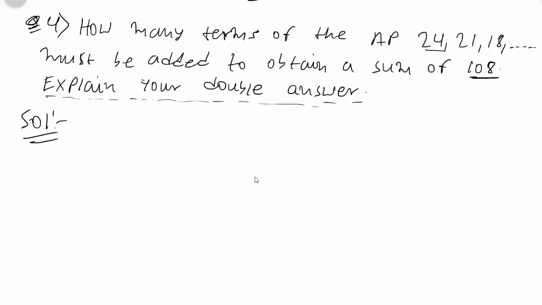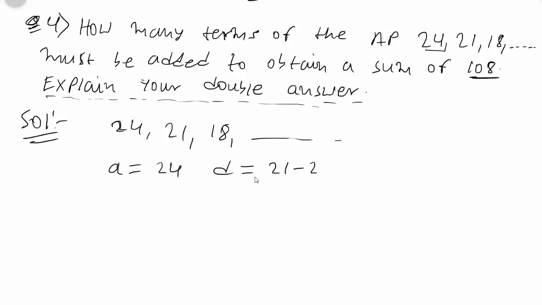So let us solve this question, and then we'll answer the second question. The series is 24, 21, 18 and so on. The first term is 24, again you write this statement, and then I'm going to write simply A and D. And Sn is given, 108.